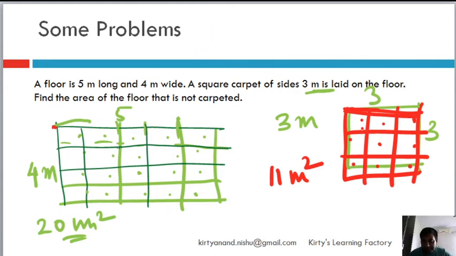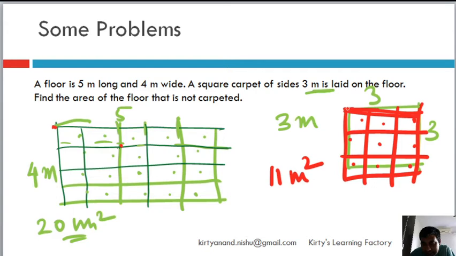Again, same carpet. Continuously 9 boxes we have to cover. We can't put it in this direction, because then the bottom row of the carpet will be outside the room. If we lay the carpet, we have to make sure that it is inside the floor. So let's say we start from here.